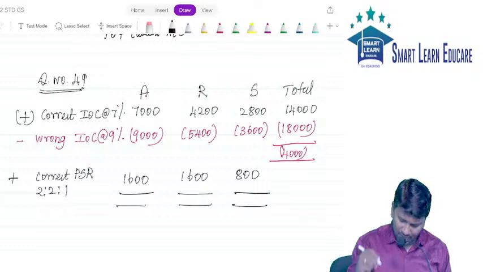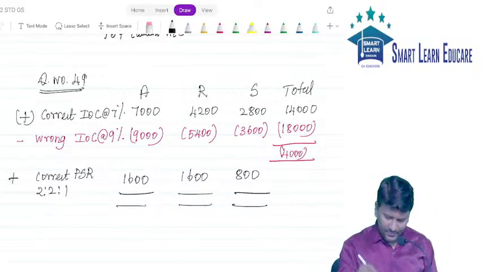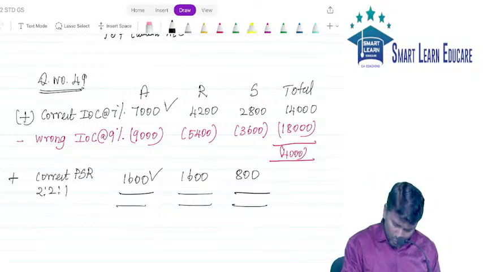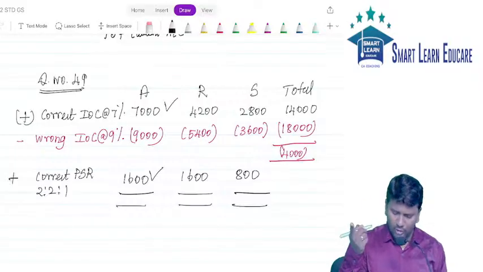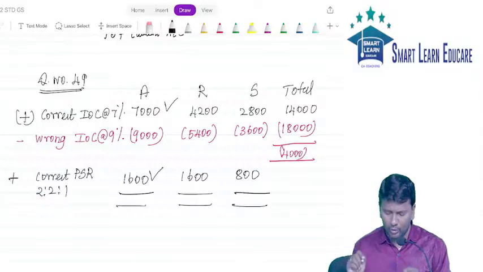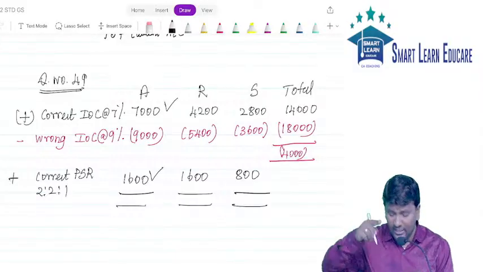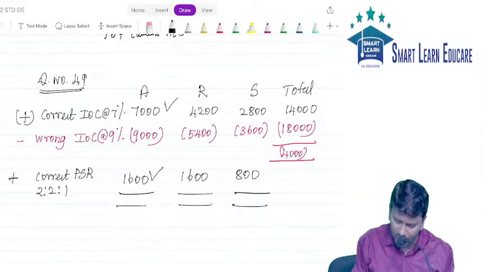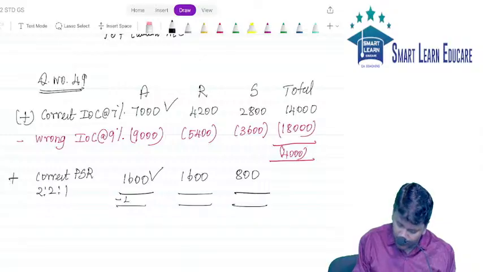Now give the net effect. It means 7,000 plus 1,600, adding both, you will be getting 8,600. 8,600 minus 9,000 will give you minus 400.